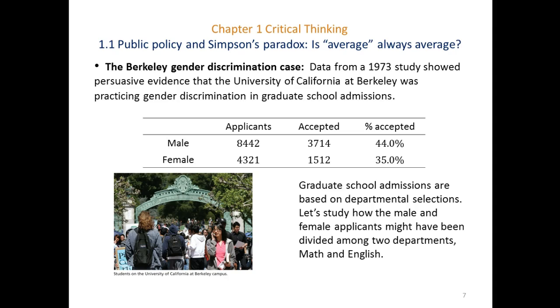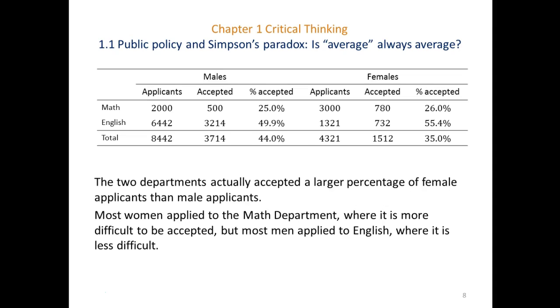Graduate school admissions are based on departmental selections. Let's study how the male and female applicants might have been divided among two departments, math and English. In this table, we broke down the applicants by departments, mathematics and English department. Notice that in the mathematics department, the acceptance rate for male applicants was 25%, and the acceptance rate for female applicants was 26%.